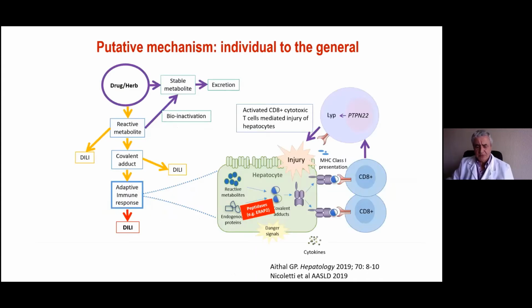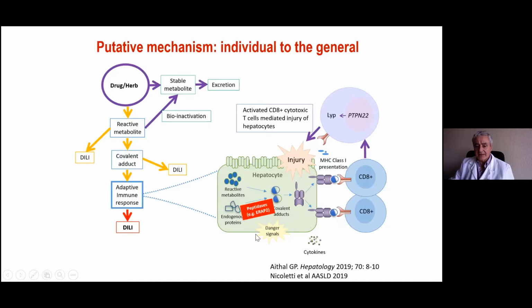And putting together these findings, you can see that for subjects that are carriers of the risk allele, the adaptive immune response to the insult, to the liver insult, is characterized by the production and presentation of reactive metabolites to CD8 positive lymphocytes through the antigen binding site of HLA class 1 molecules.